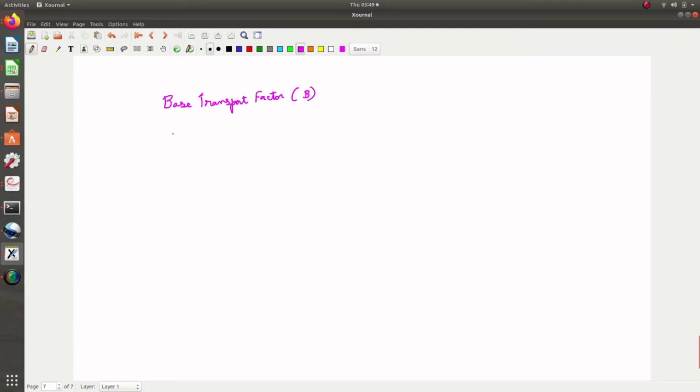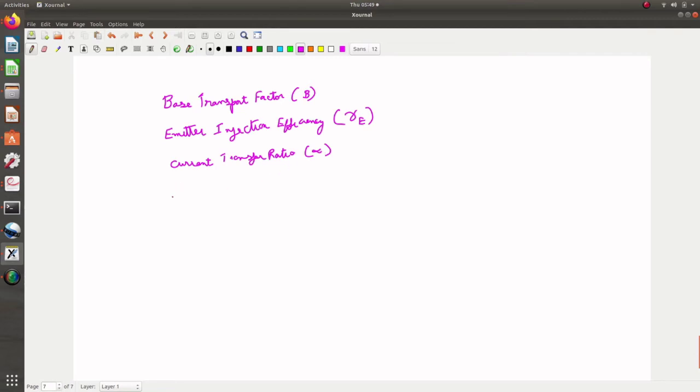Second one is the emitter injection efficiency, which is denoted by gamma E. Another factor is the current transfer ratio, which we have seen earlier too, maybe in your basic course, which is denoted by alpha.